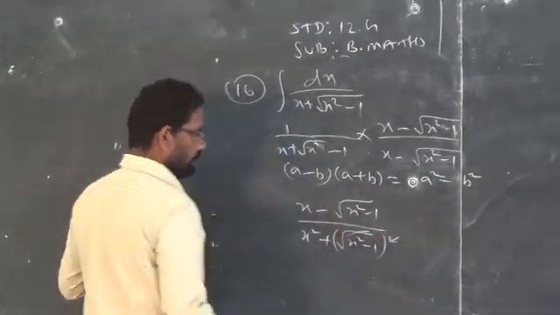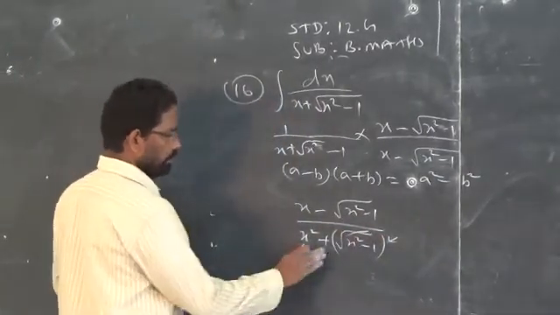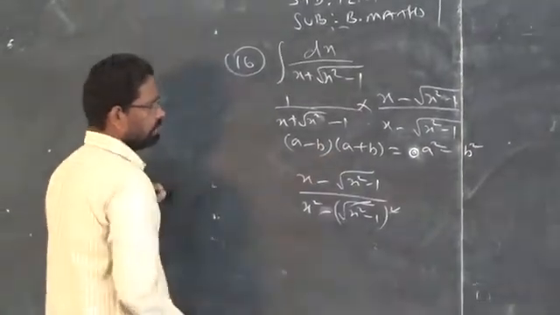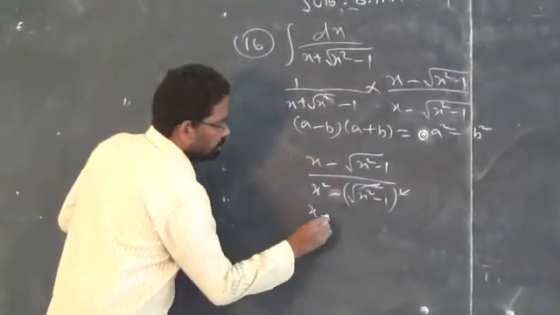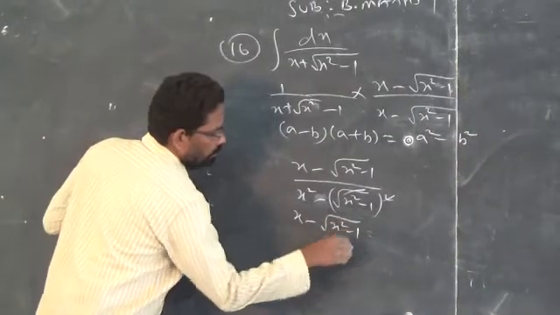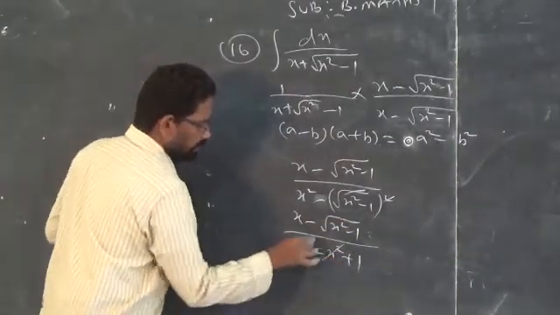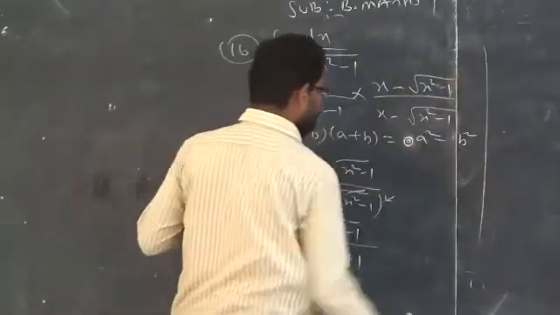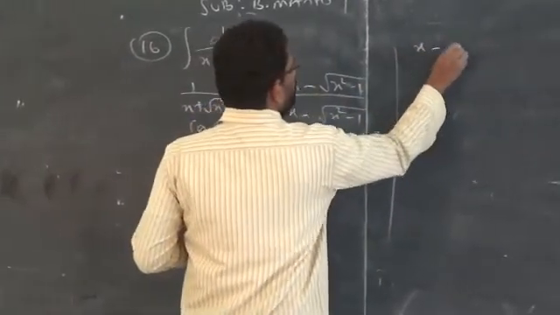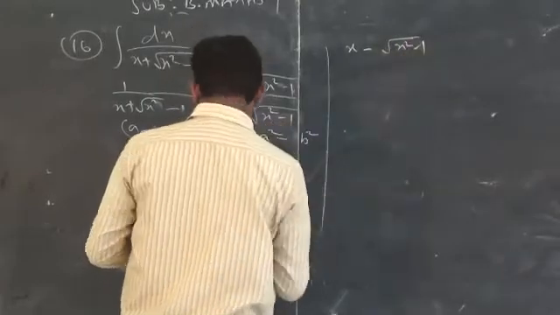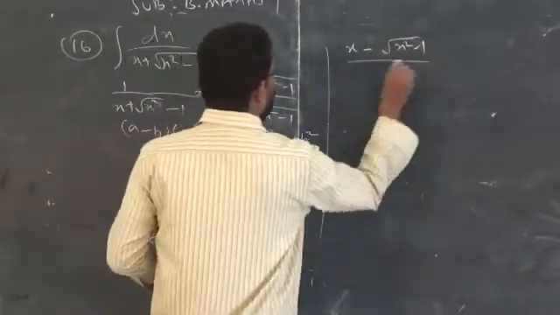Now the square and square root get cancelled. This will become a square minus b square. Now x minus square root of x square minus 1 by x square minus x square plus 1. These two get cancelled. So what will be the remainder? x minus square root of x square minus 1 by 1.